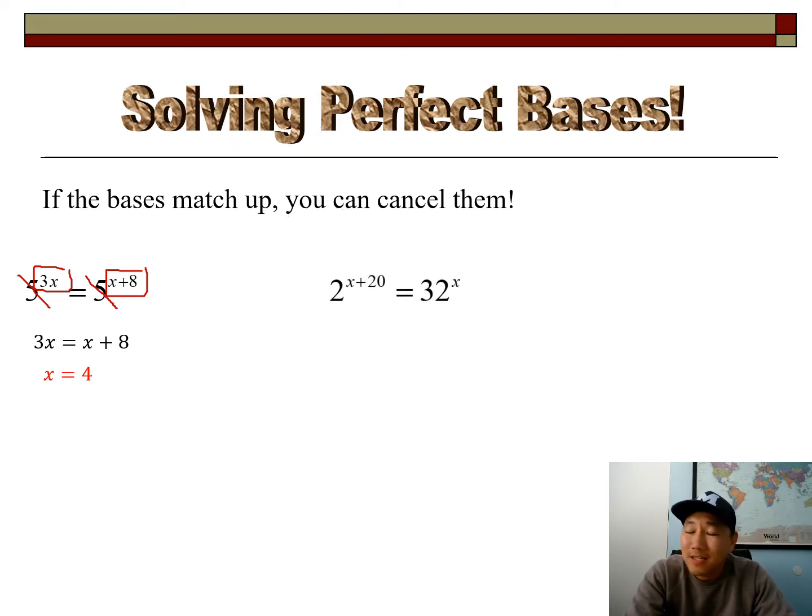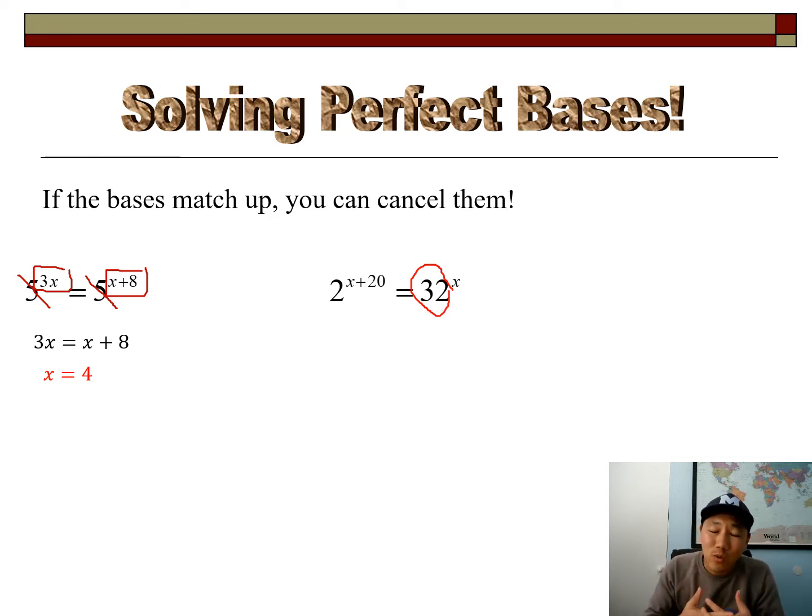Sometimes the bases do not match up, like this one. This one has a base of 2, but this one has a base of 32. All right, so when that's the case, maybe you can make the bases the same. So the question is, how do I turn 32 into a 2?